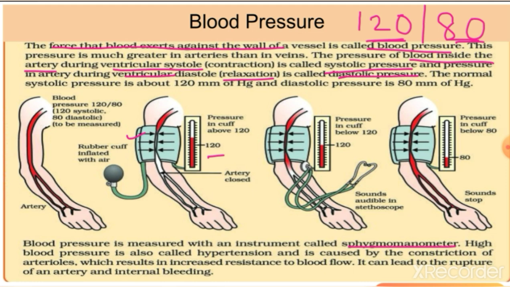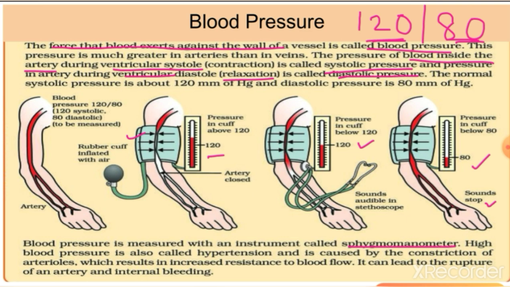At this stage, the blood stops flowing through the arteries. Now the rubber cuff releases the pressure and brings it down to 120. At 120 the blood starts flowing, and when the pressure is released down to below 80, we stop hearing the sound of lub-dub. So this is how we measure the blood pressure of a person, by using this machine.